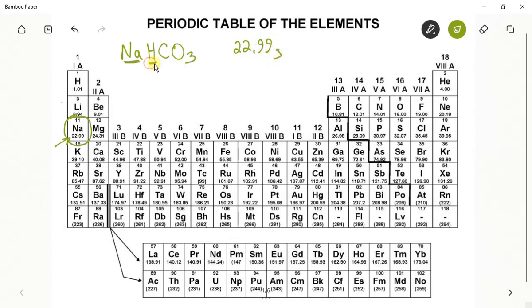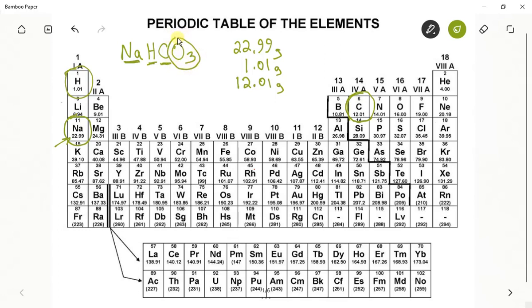And then we have hydrogen. 1 mole of hydrogen is 1.01. So we have 1 mole of that. Carbon is over on the right. Carbon weighs 12.01 grams per mole of carbon. And we only needed 1 mole of carbon in sodium bicarbonate.